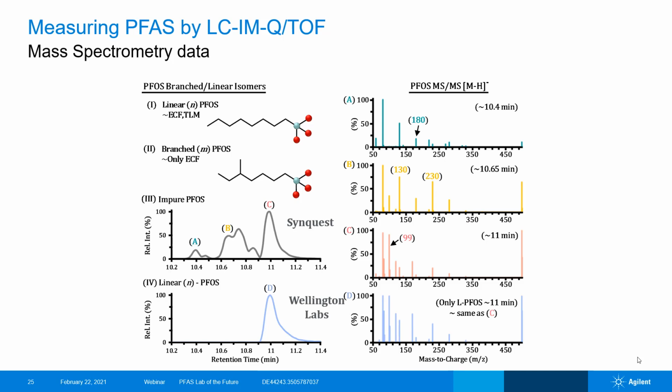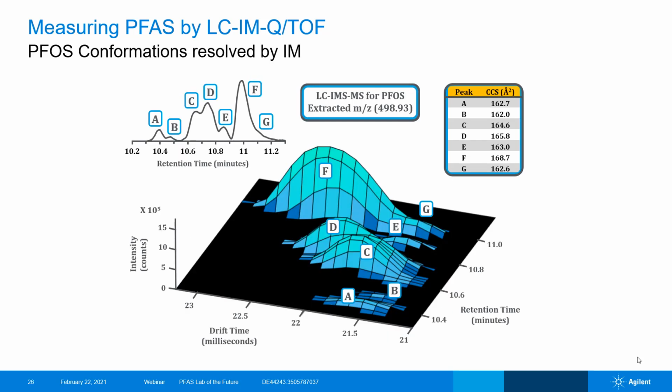So here Erin and James are showing the difference between an impure PFAS that has many different isomers and a standard that was obtained from a vendor that basically only has the linear isomer. Similarly, here they are showing that they were able to identify up to 7 different isomers of PFAS specifically on the ion mobility. That was quite critical, and this can be used for fingerprinting and forensics analysis later on as well.